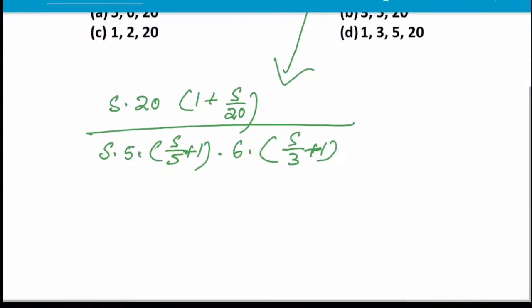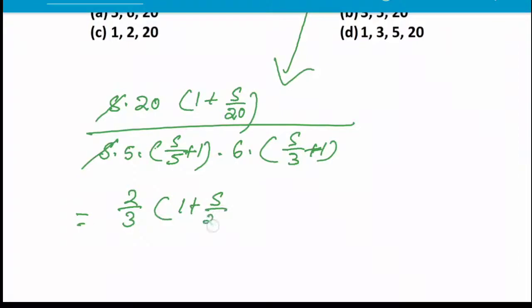So finally s cancels, and this comes to 2 by 3 into (1 plus s by 20) over (1 plus s by 5)(1 plus s by 3).